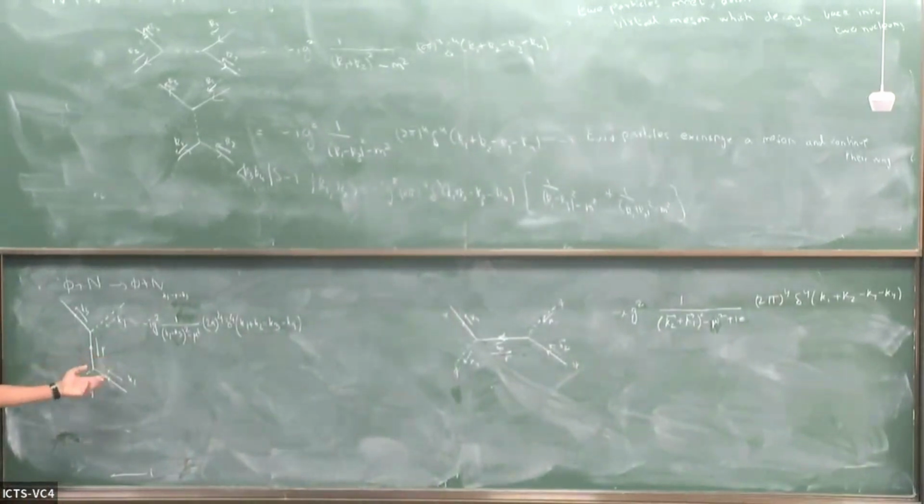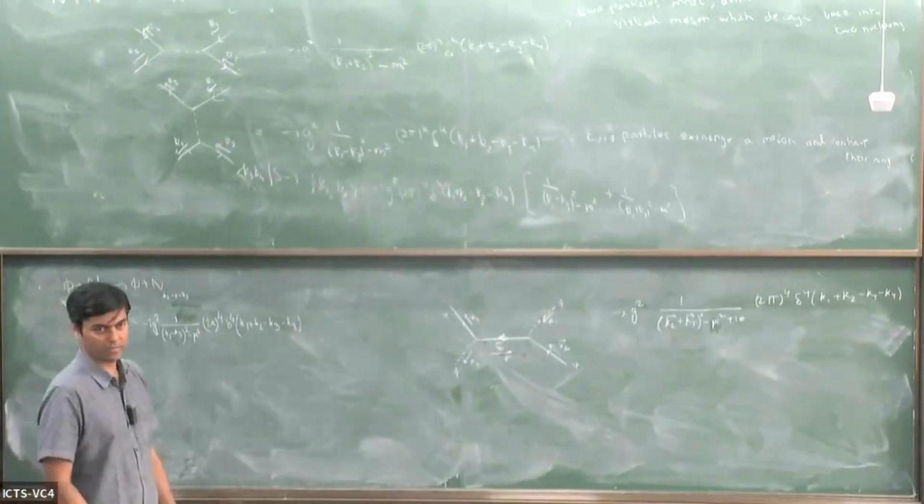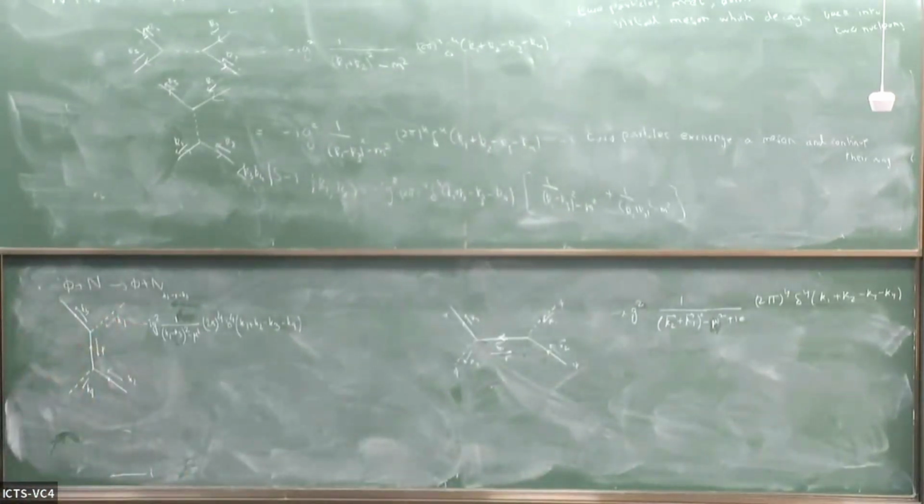We were marking this as p, but this was fixed to be k1. Here to be k1 minus k3, there to be k1 plus k2. There was not really any option about it. But in some cases it will happen that the momenta that you have will not be fixed, and there'll be loops, and then we'll need to worry about how to enhance this formalism. Okay, so that's what we wanted to discuss today.